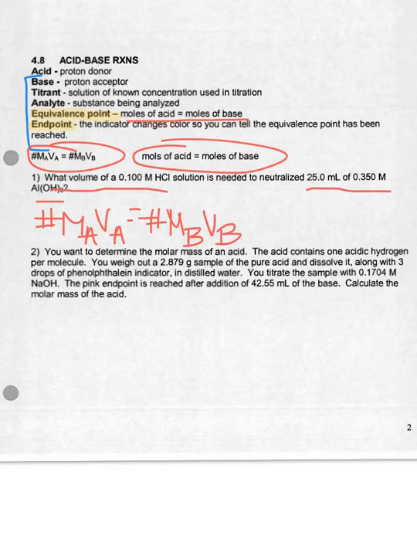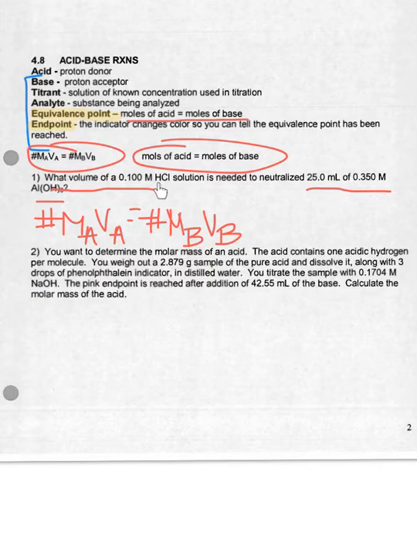Now let's plug in our numbers and all of the information from the problem. Remember, we start off with the number, or the hashtag, for the acid information. That number represents the number of H's in the acid chemical formula.